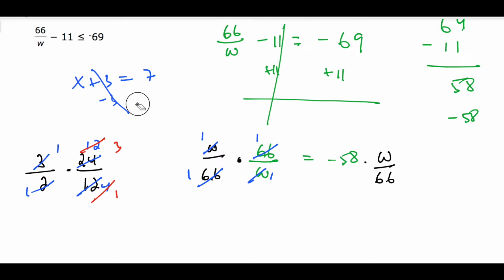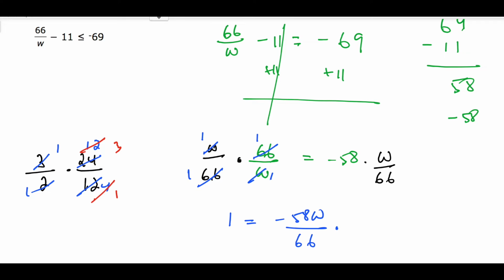Okay. So you have your 1, right, equals, now you have this mess. You got negative 58W over 66, but you still need to get W by itself, right? So you can, by multiplying this side, or both sides, by the reciprocal here.